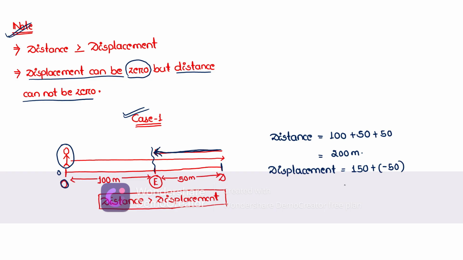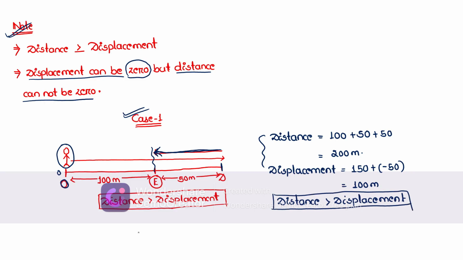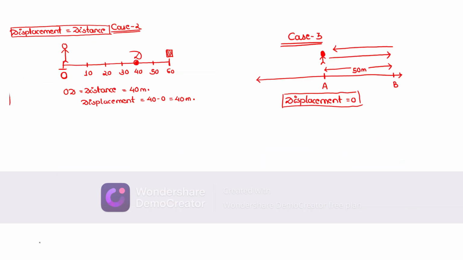So the total displacement would be 100 meter. Clearly you can see here distance is greater than displacement. So by case 1 we have proved how distance can be greater than displacement.